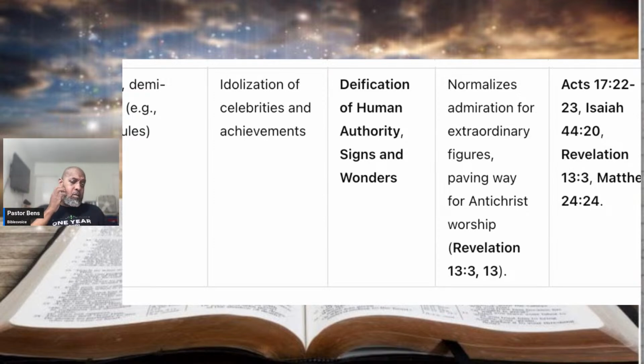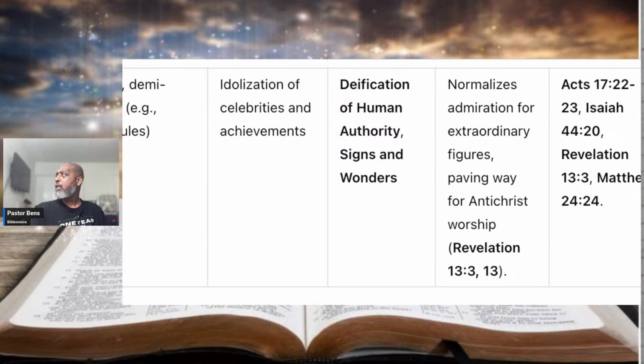It's normalized. We even have a show called American Idol. There's no problem with saying that. And there's no way you can explain it away. There's no way you can say, oh, it's just a title. No. What we've done is that we've normalized this idea of worshiping idols to the point where we can name shows after these idols.